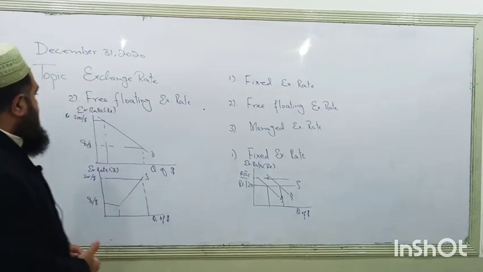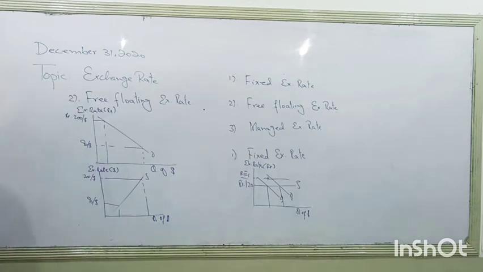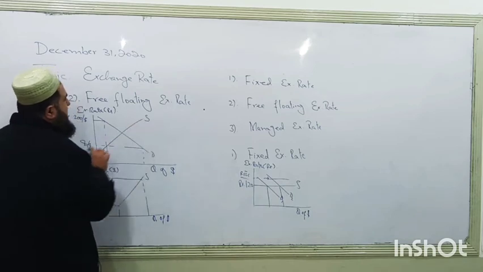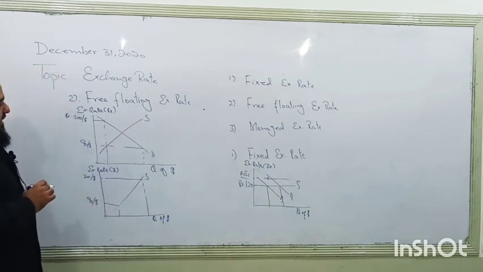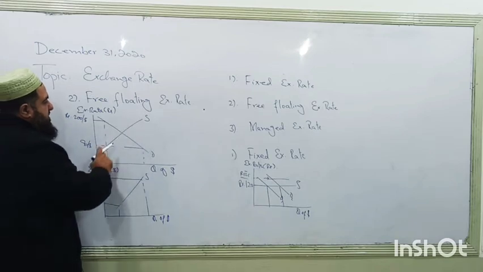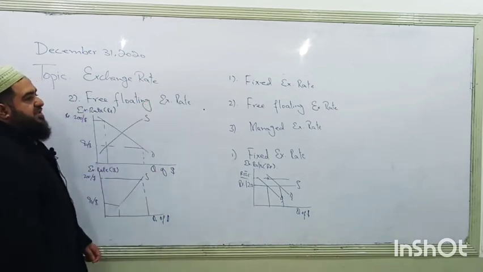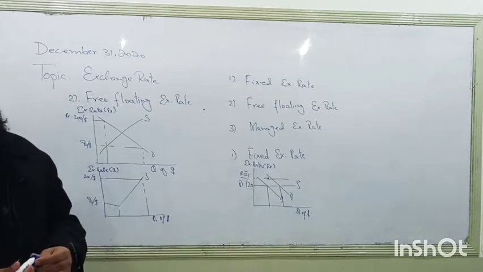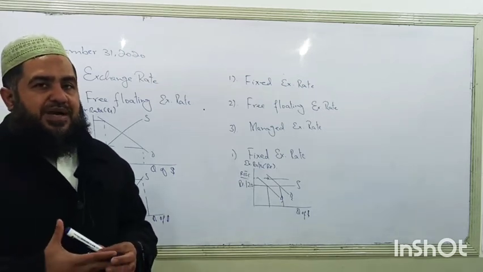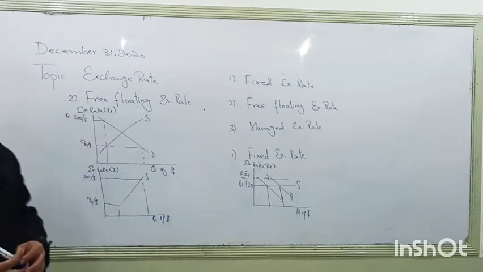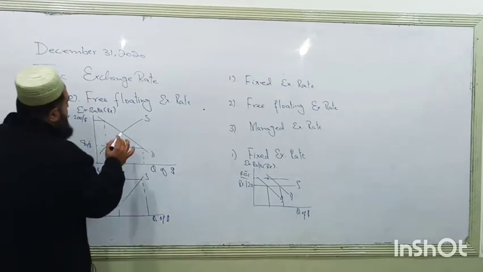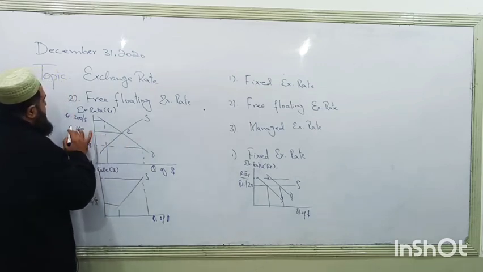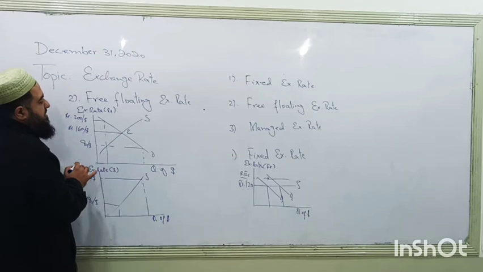So if we make an equilibrium, now I am going to draw demand and supply in a single diagram. This is the supply of dollars, which is upward sloping, and the demand for dollars, which is downward sloping. So the equilibrium point, as we know, is a stable point where the two forces of demand and supply balance with each other. In terms of dollars, this is the equilibrium exchange rate, where 160 rupees for each dollar will be exchanged.